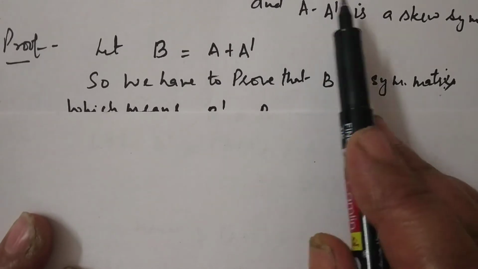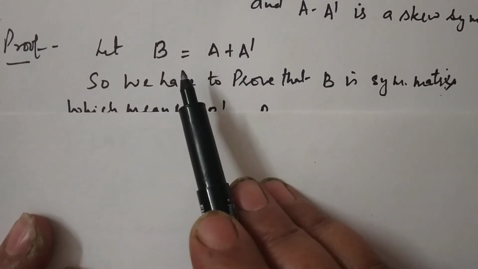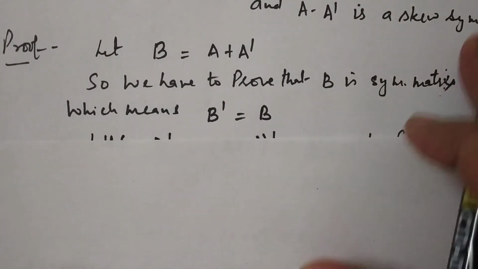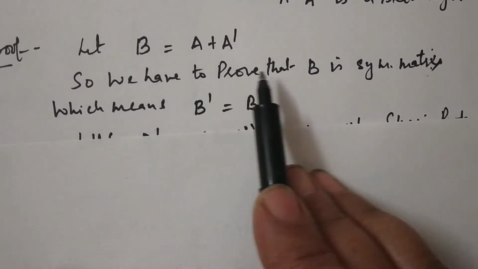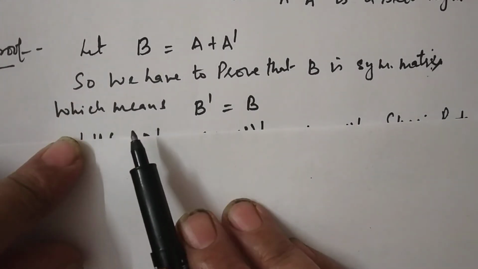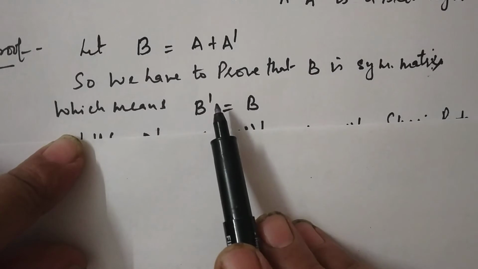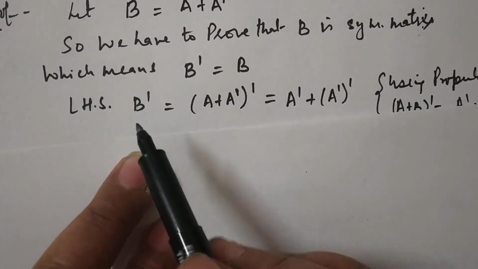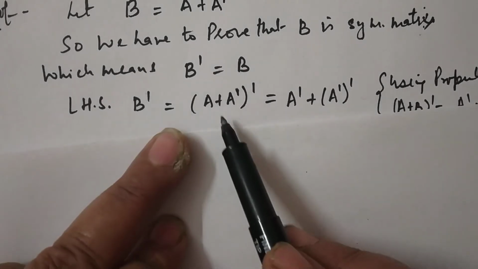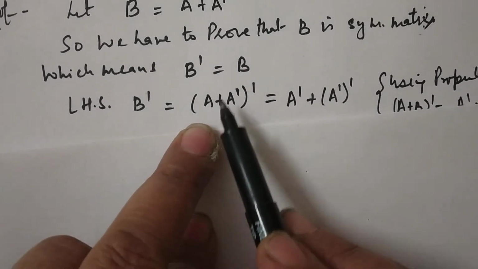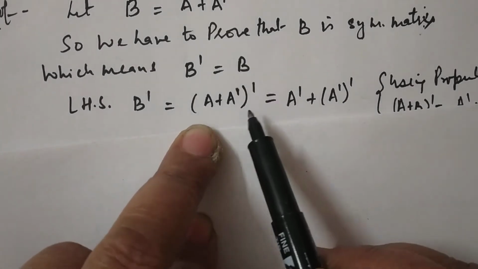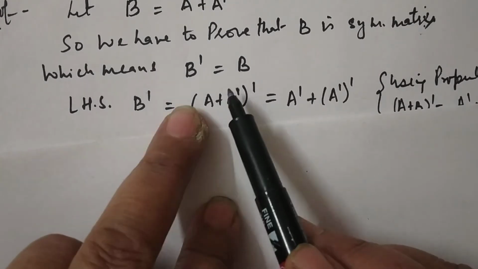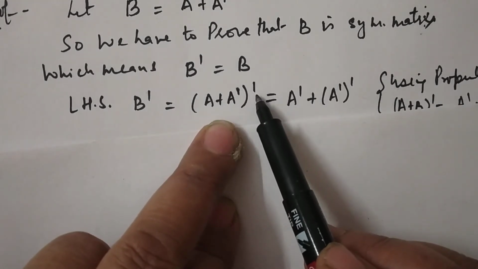If we add A and A transpose, a new matrix B is formed, and now we have to prove that B is a symmetric matrix, which means we need to prove that B transpose is equal to B. Now let us take B transpose, and in place of B, since it was assumed A plus A transpose, I kept that, and then again the transpose.